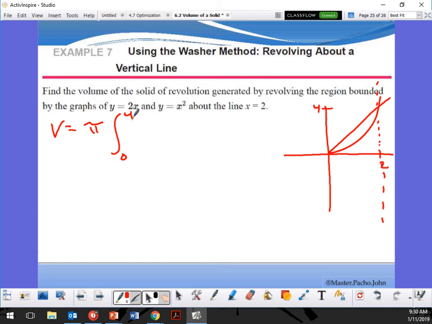And if it's revolving around this, let's see where I'm going to be measuring from. So I'm going to be measuring from here to here, right? So that's going to be my new radius, isn't it? So the outside is going to be that one, because it's revolving around that.